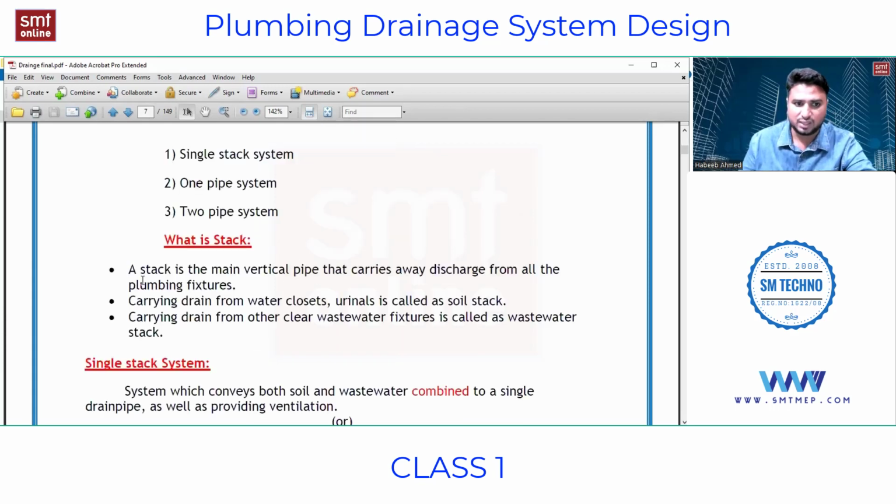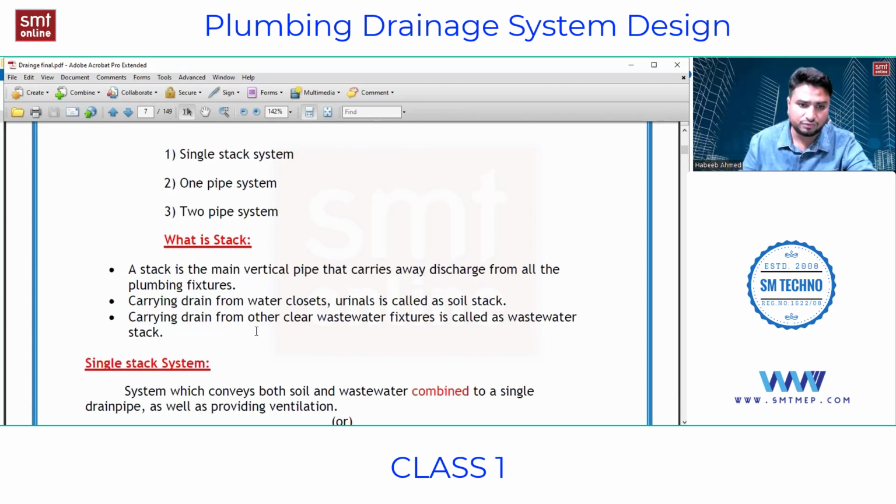So let's see this. A stack is nothing but the main vertical pipe that carries away discharge from all the plumbing fixtures. Carrying drain from WC and urinals is called a soil stack, or you can add the bidet also, because remember, the bidet drain should also be connected to the soil pipe, and then connected to the soil stack.